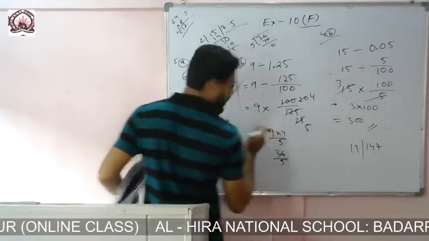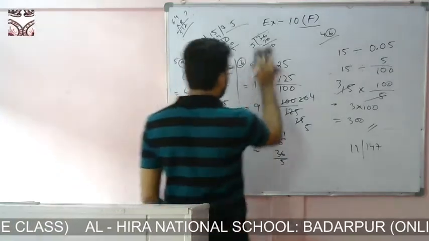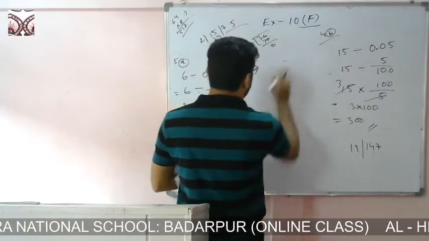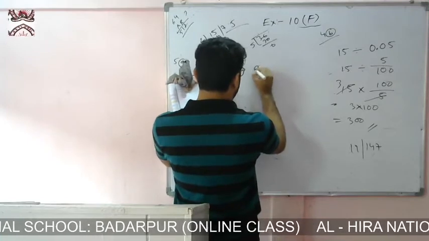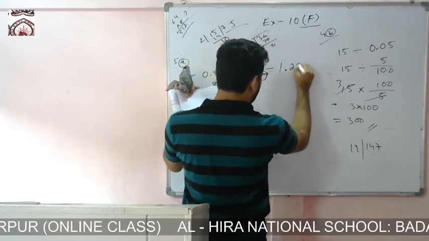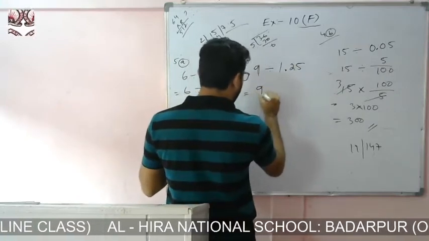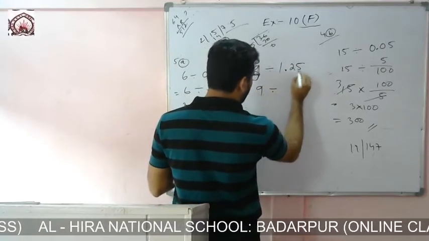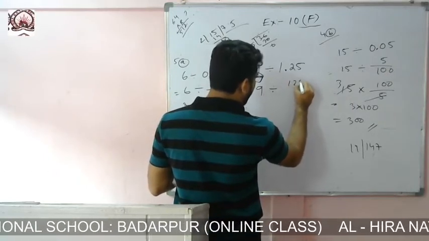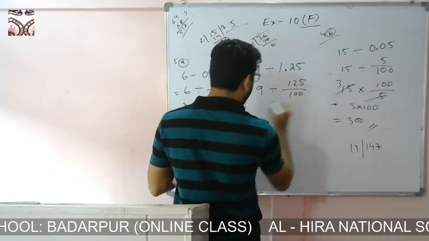Let us check whether we have made mistakes or not. Let us do this one again. 9 divided by 1.25. You get 125 divided by 100.